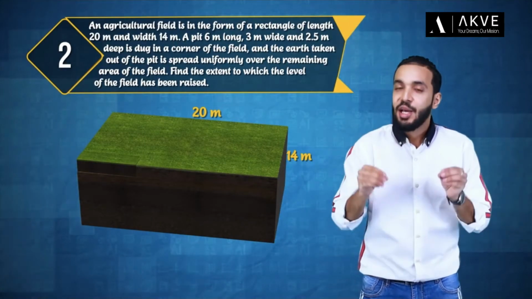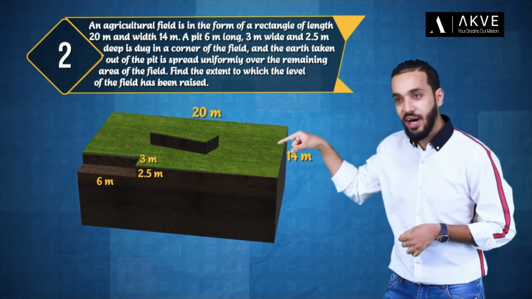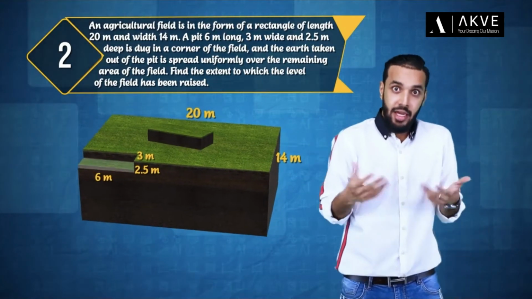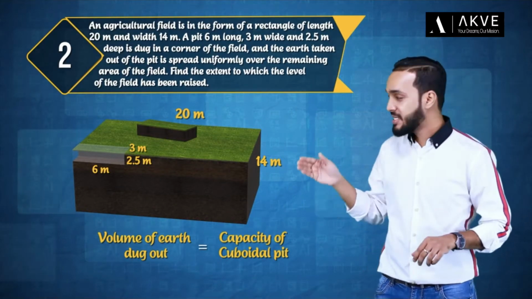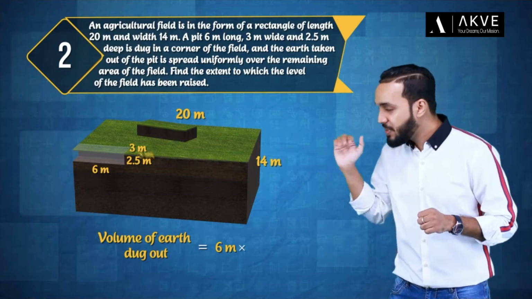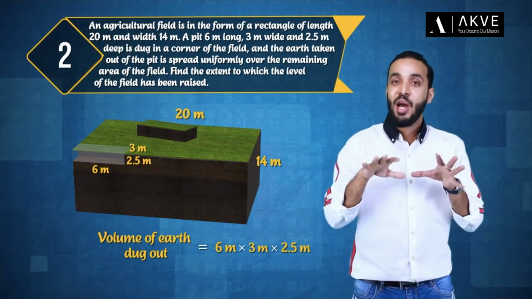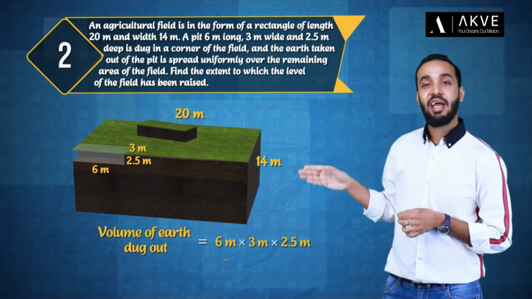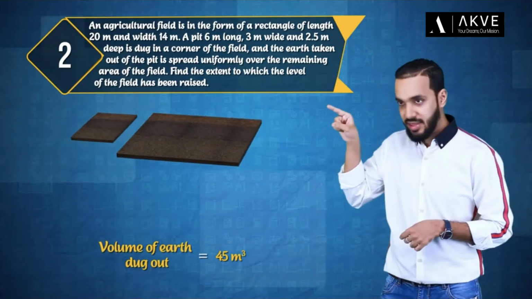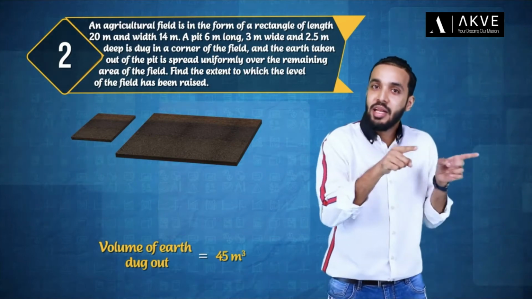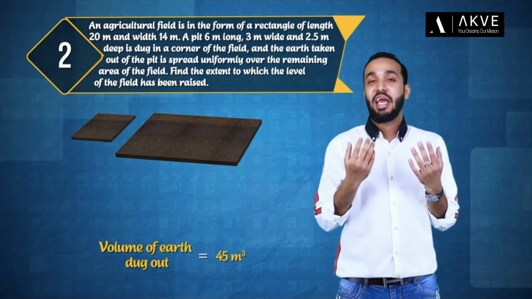First things first, let us find the volume of the earth dug out from the pit. It would be equal to the capacity of the cuboidal pit, which is the same as 6 meters into 3 meters into 2.5 meters, or simply 45 cubic meters. Now, the next step is to break this 3D shape into familiar shapes whose volumes we can find.